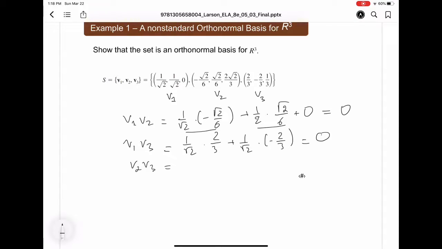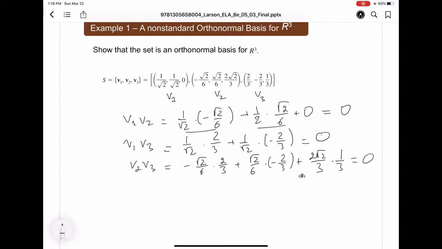That is negative square root of 2 over 6 times 2 over 3, plus square root of 2 over 6 times negative 2 over 3, plus 2 square root of 2 over 3 times 1/3. When you simplify everything, you get 0 right away.